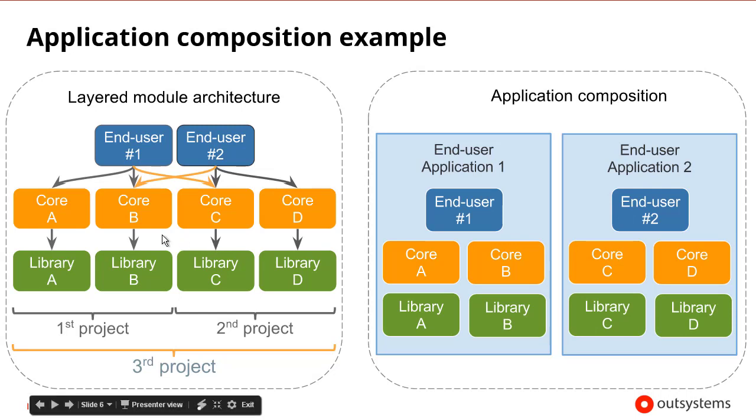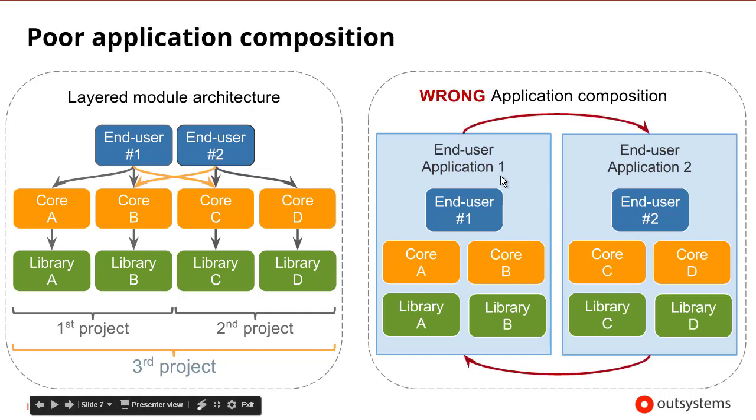Now in terms of module architecture, everything is okay. But if we come over here and we begin to look at the application composition, we see that we now have a cyclical reference. Because in terms of the applications, application 1 will need information from Core C, and application 2 will need information from Core B.